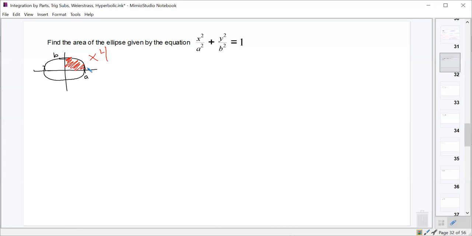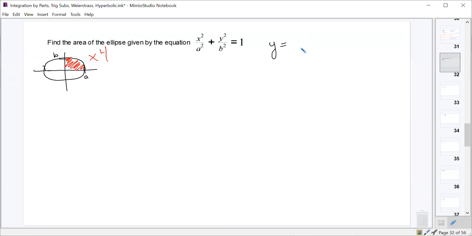So we're going to try to find an integral from 0 to a of something. Well, what do we need to do with our original ellipse equation before we can write out our integral? Probably need to put y in terms of x if we're going to do it on an integral from 0 to a.